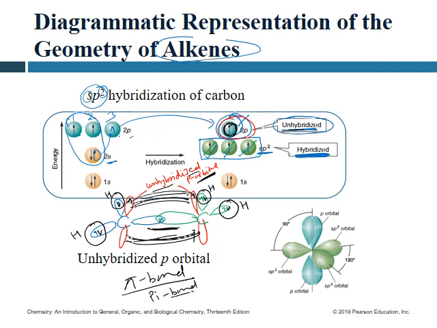So if I make an alkene, C double bond C, this is hydrogen, this is hydrogen, hydrogen and hydrogen. If you look carefully over here, this bond is formed from sp2 hybridized orbitals, sp2, sp2, and one of them is formed by sp2 hybridized orbitals.